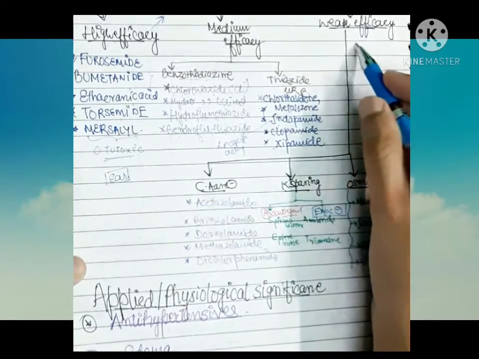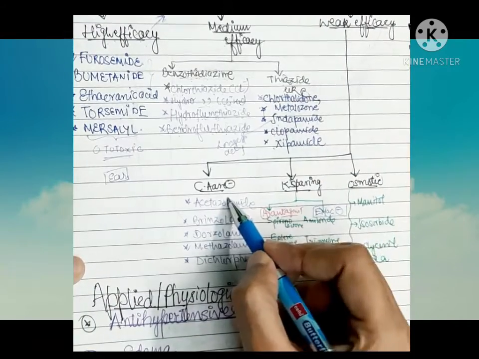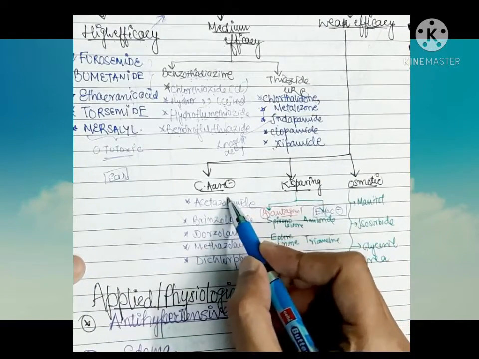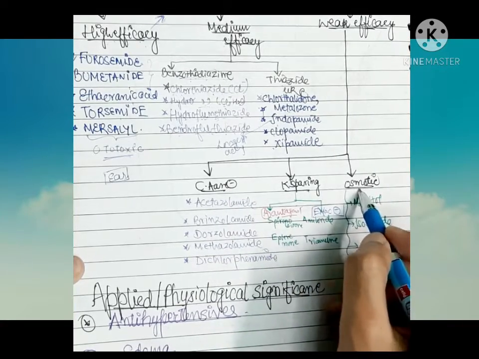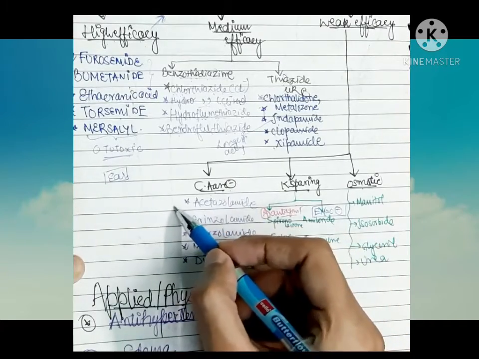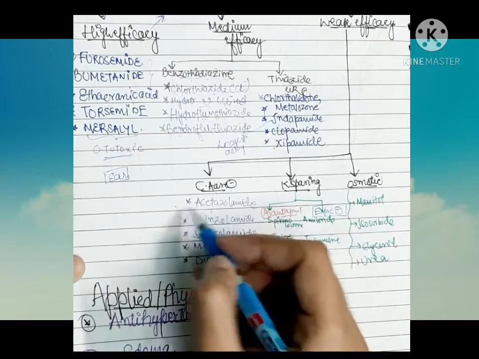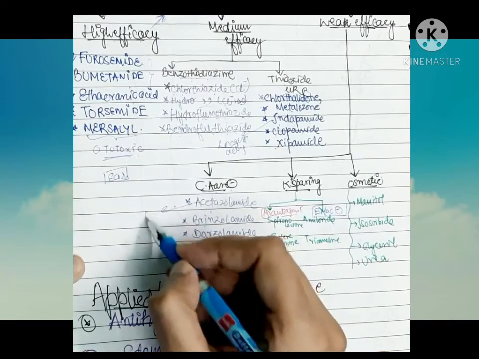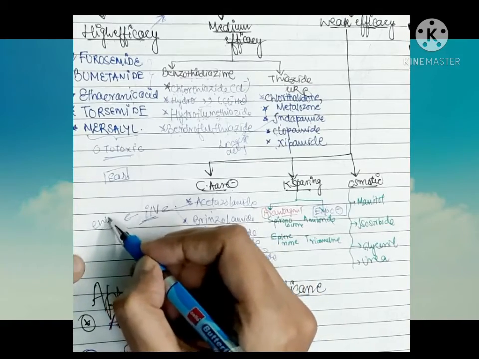Then the weak efficacy group of diuretics. In the weak efficacy group, there are carbonic anhydrase inhibitors, which I have already told you, then the potassium sparing diuretics, and osmotic diuretics. The carbonic anhydrase inhibitors are acetazolamide, brinzolamide, and dorzolamide. Acetazolamide is given IV, therefore it is given in cases of emergency.